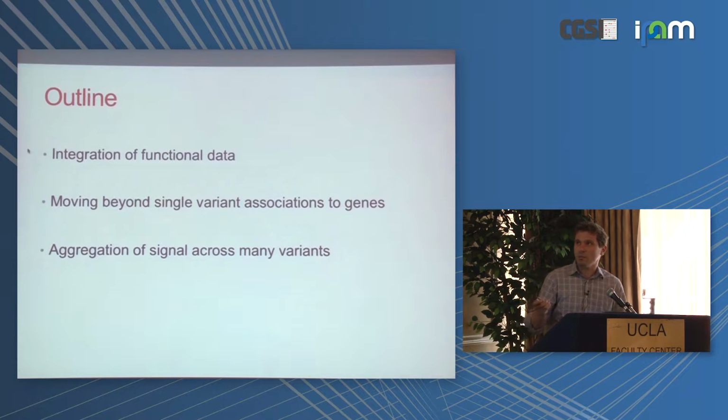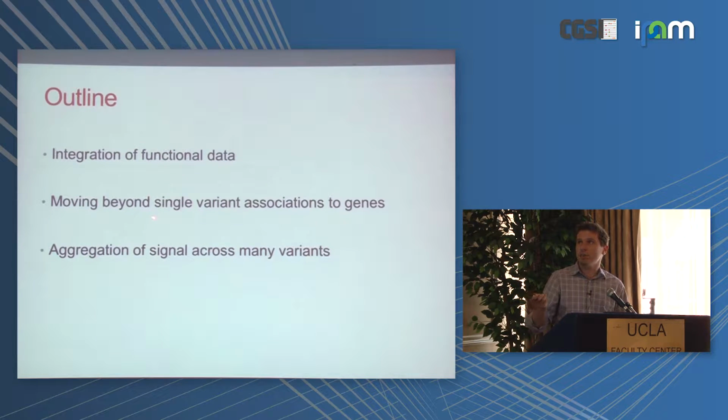Okay, so first, I'm going to be discussing methodologies that we've been developing for the past couple of years of how to add functional data. And here, I mean literally adding annotation data that comes from large projects like the ENCODE or the Roadmap project to try to disentangle disease risk.